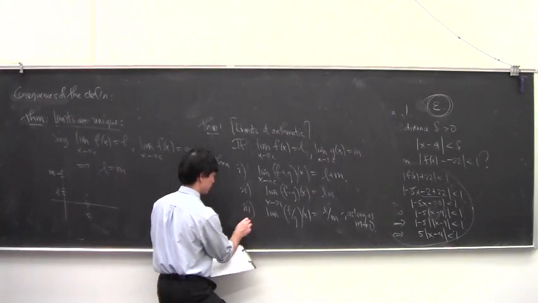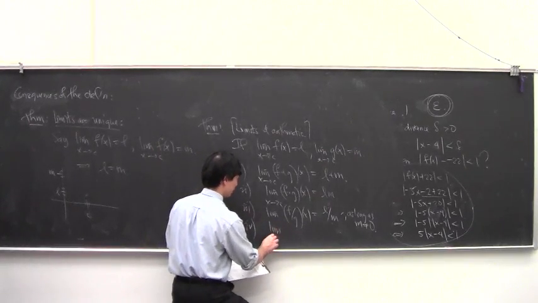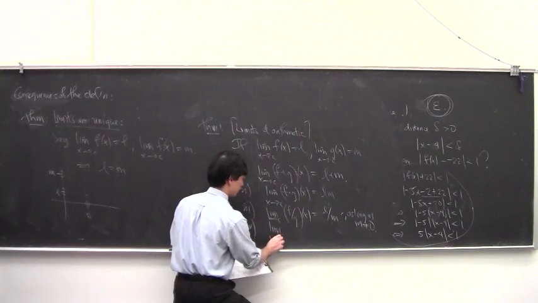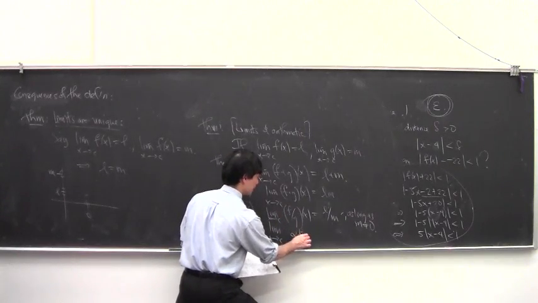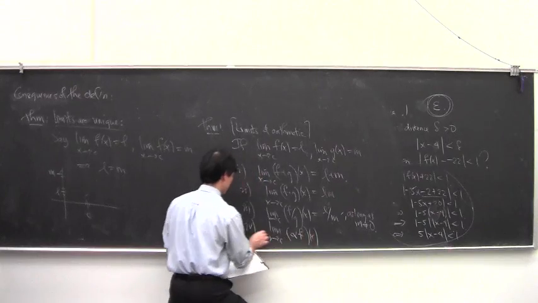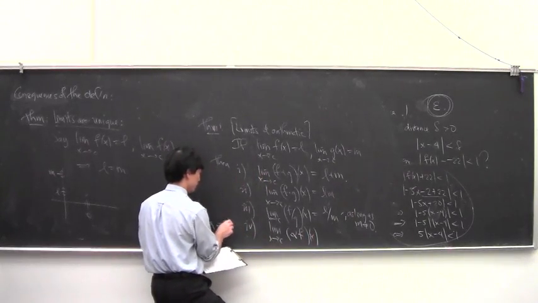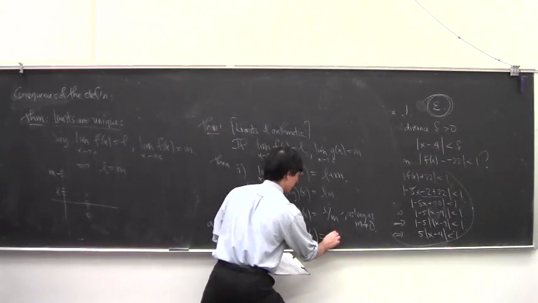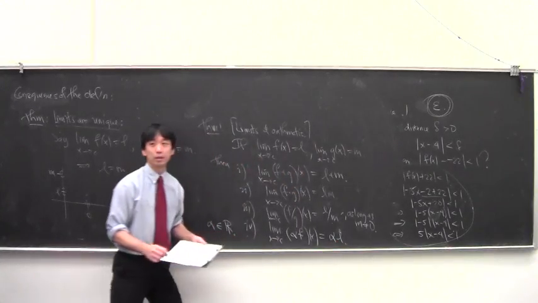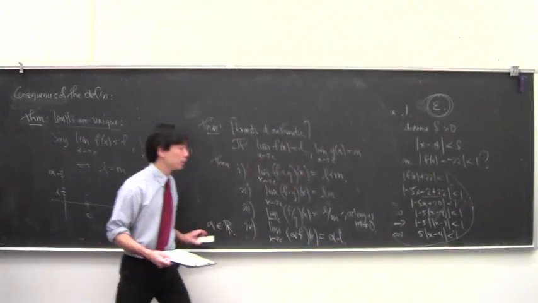And say alpha is some real number, the limit of alpha times f is just going to be alpha times the limit. So it's sort of obvious.